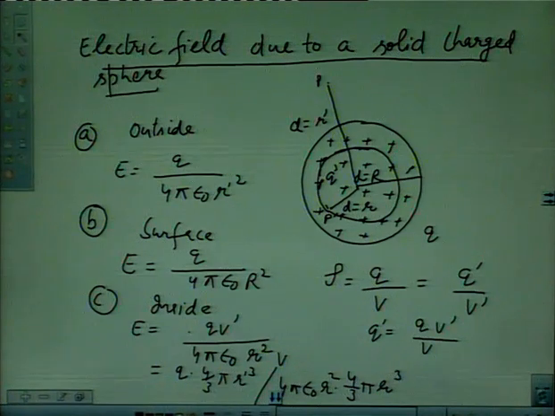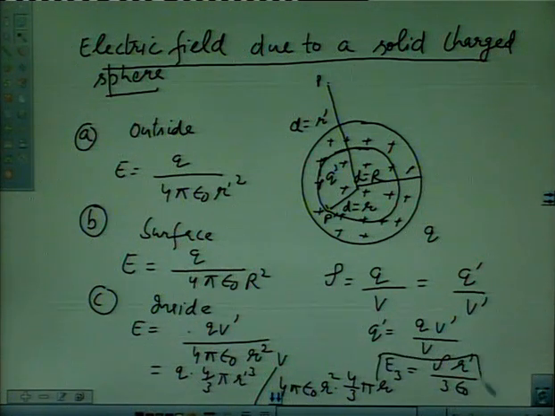So, when we solve this, we have rho r dash upon 3 epsilon naught. So, this is the value of the electric field for the solid sphere inside.